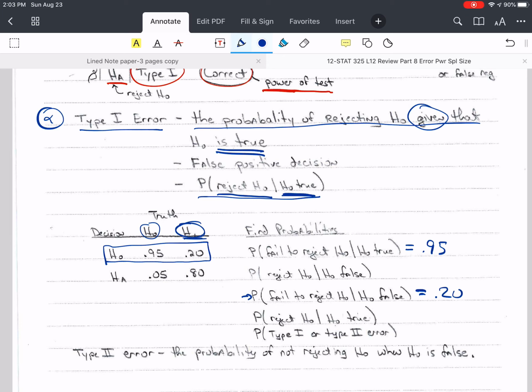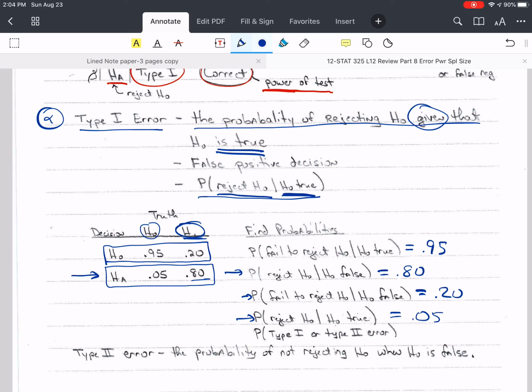Now, type 1 or type 2 error, we'll get to that in a minute. Let's look at the probability that we reject H0. That is now the lower row. Given that H0 is false, that would be this value, 0.80. Now we're going to drop down to the fourth one, the probability that we reject H0, same row, given that H0 is true.